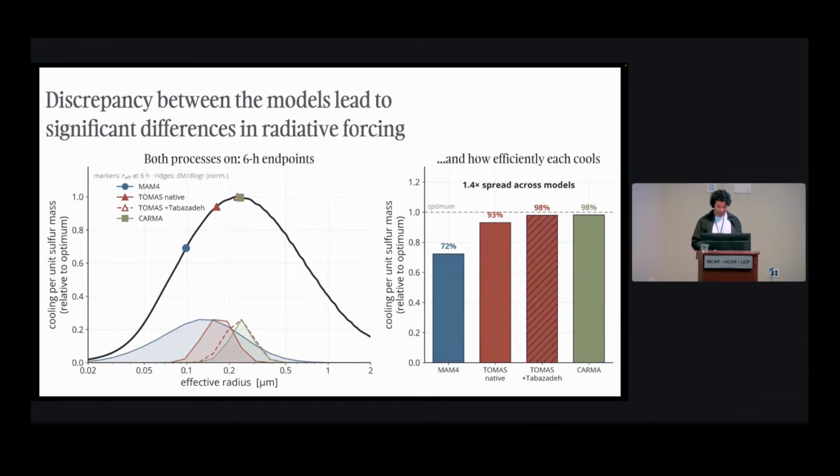And then if you calculate the effective radius, you can see that, these are the points. So the bar chart showing basically those values. So you can see this is relative to the optimum diameter, which is 223 nanometers, I believe. And you get almost by 30% differences between the models. So that's really important in terms of radiative forcing effect and the sulfuric acid burden in the atmosphere.